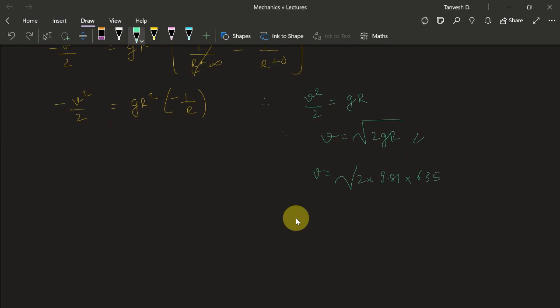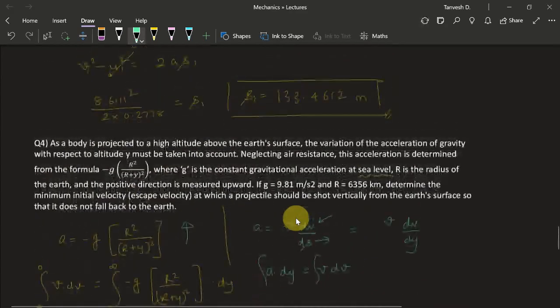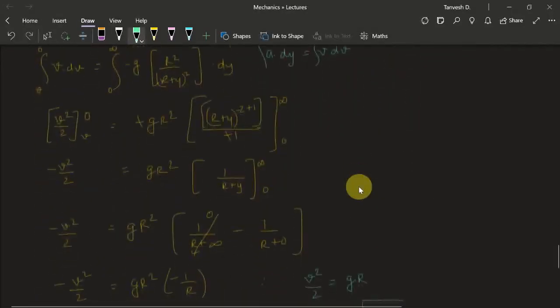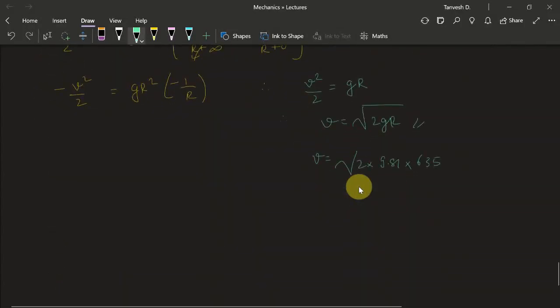Now this g is 9.8 meters per second square, and this r is in kilometers, so we'll have to convert it into meters, 6356 into 1000.